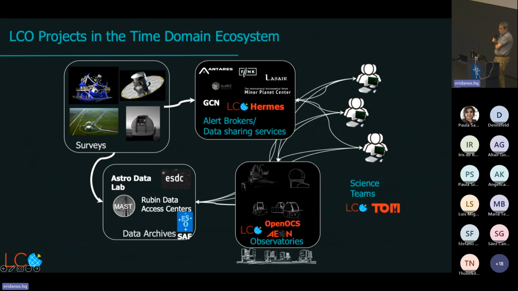These then go on to science teams that have organized themselves to study objects of a particular type, which they're particularly interested in. And these science teams are deciding which of these objects are the interesting ones. And they are sending those off to other observatories to get follow-up and characterization information. And then that data is also going into the archives.